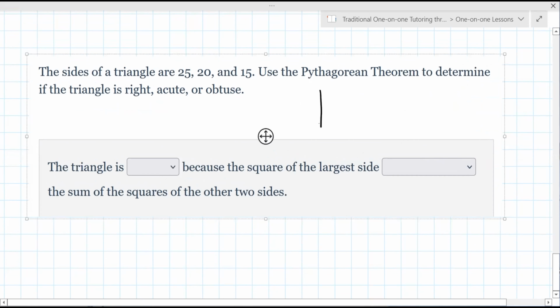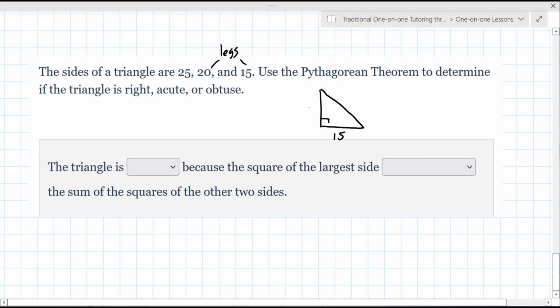So in this problem here, it would be good to draw a picture. It is always the case that the legs are the two shorter sides, so 15 and 20, and the hypotenuse is always the longest side. Okay, so that's your A, your B, and your C. So could you do this for me?